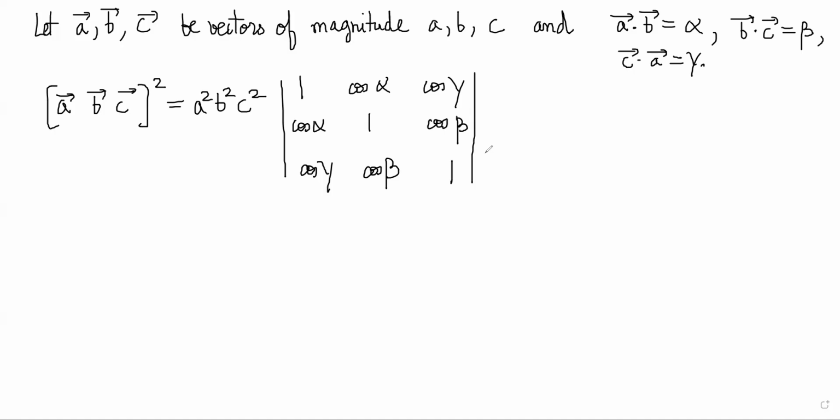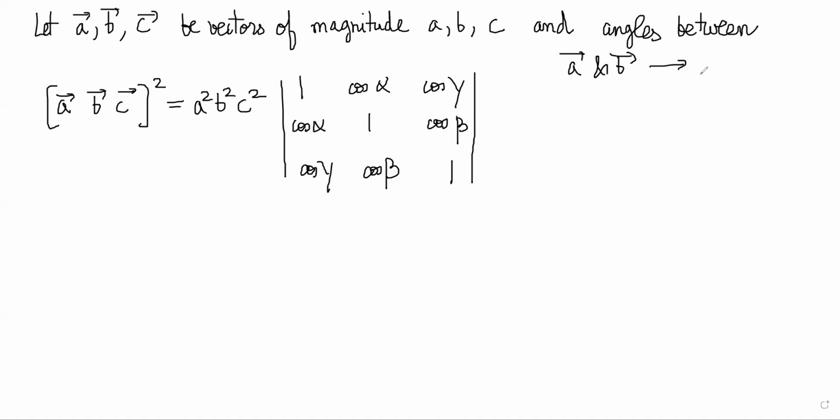Okay, so how do we do this? Actually, these are the angles between the vectors. I made a mistake here. It is not dot product. We know the angle between the vectors. Angles between A and B is alpha, B and C is beta, and C and A is gamma.